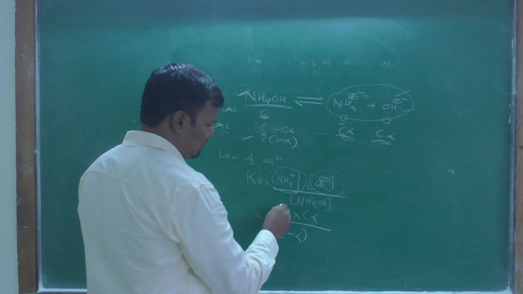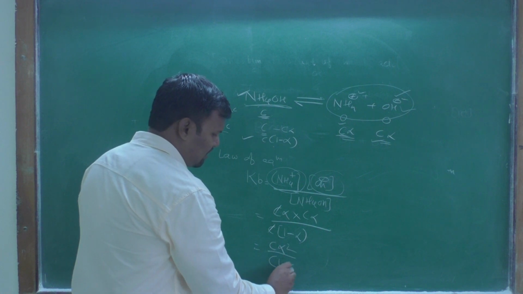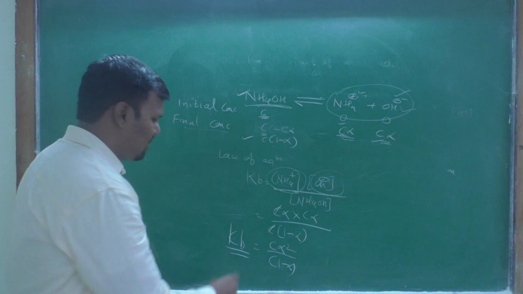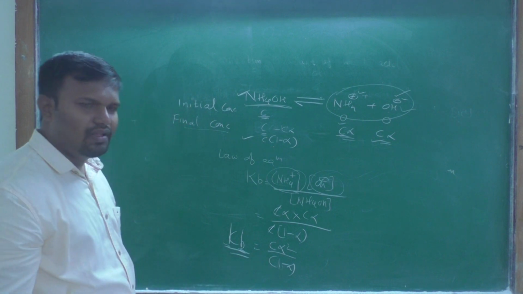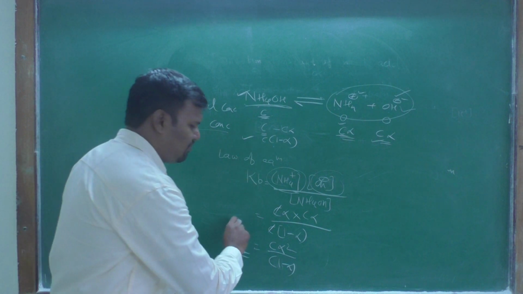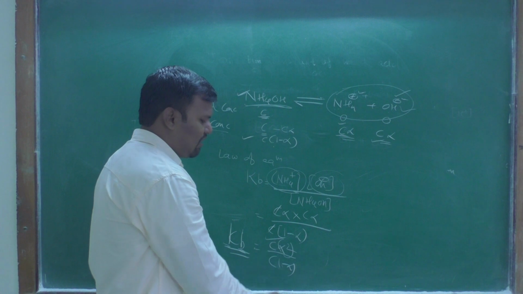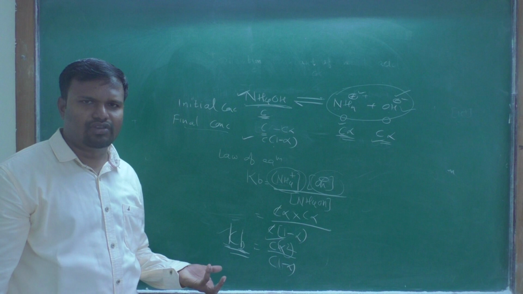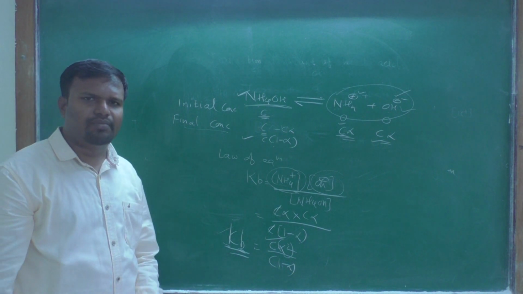One of the C cancels, so you obtain C alpha square upon 1 minus alpha, that is Kb. B stands for base and K is the ionization constant, so Kb is the ionization constant of base. In this way, by knowing the initial concentration and alpha, we can find the ionization constant for bases. This is all about the ionization constant of weak base.